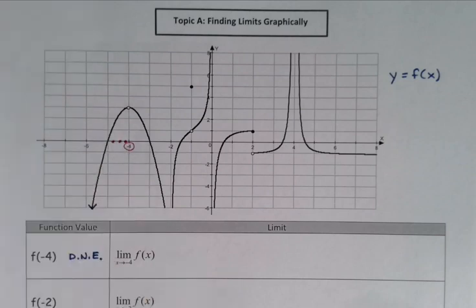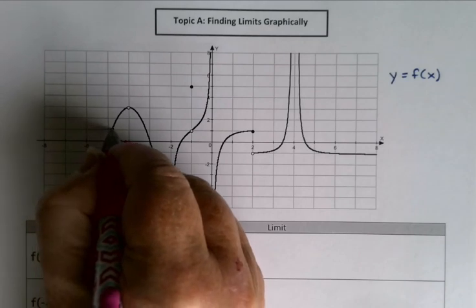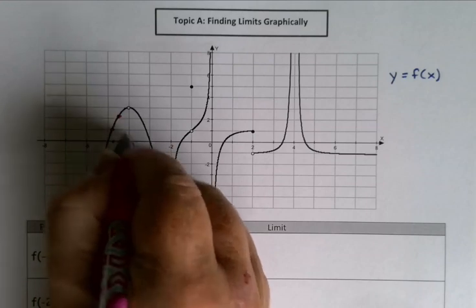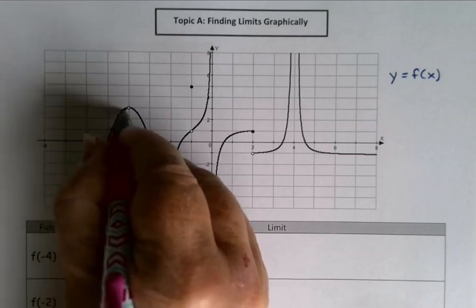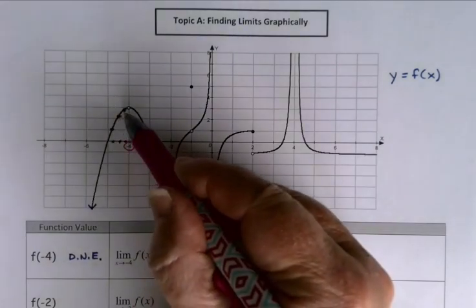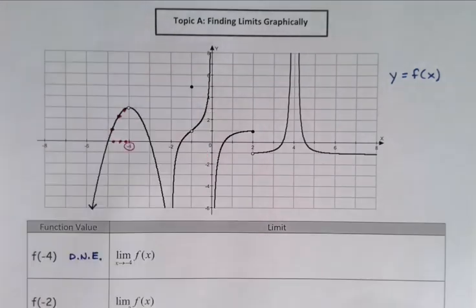Let's look at what happens to the y values. Well, let's see. If I just mark on the graph where the y value would be for each of those x values that I just selected, I can see that my y values are getting closer and closer to 3, which implies that the limit is equal to 3.